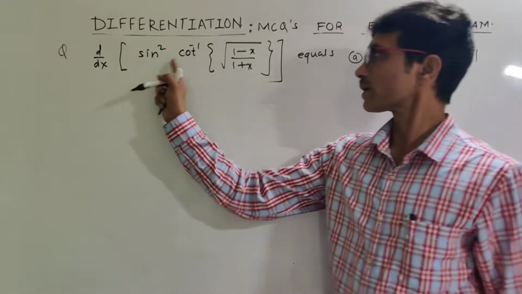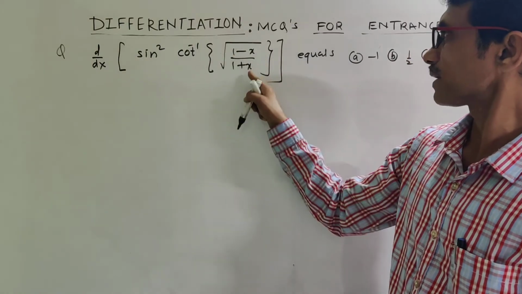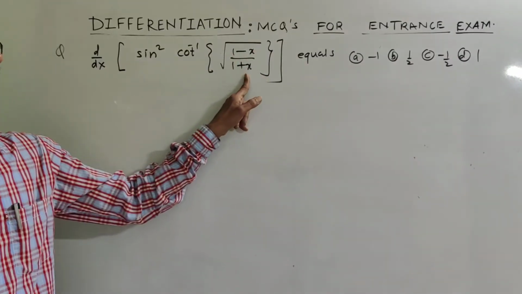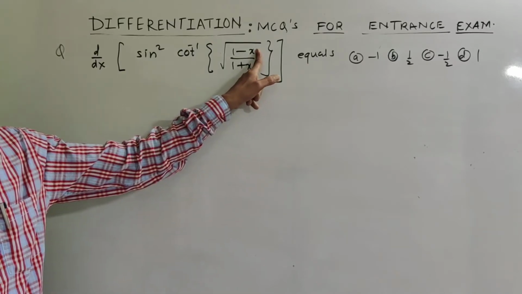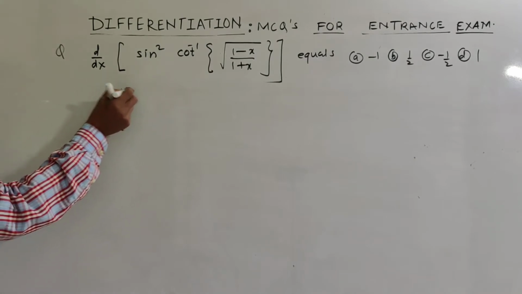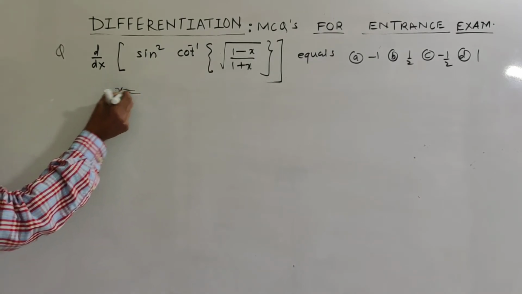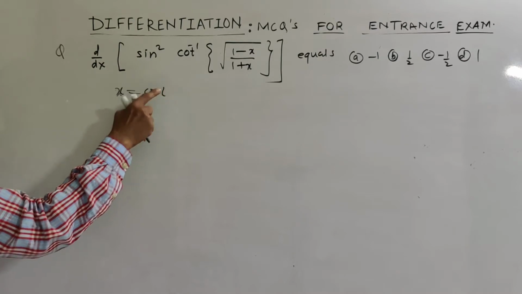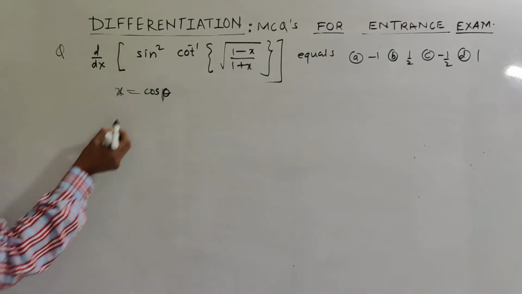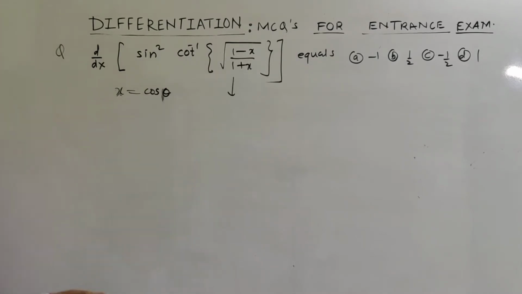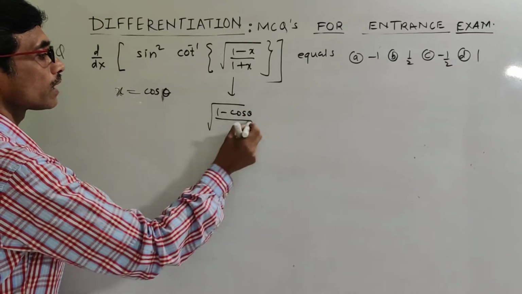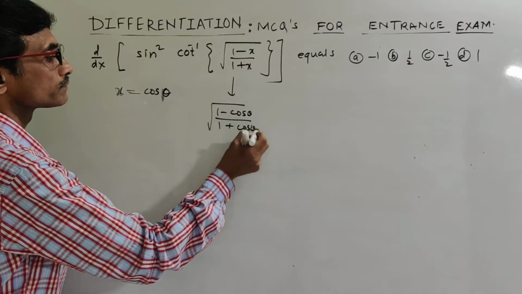Derivative of sine square of cot inverse of root of 1 minus x upon 1 plus x. So clearly this 1 minus x upon 1 plus x is there. Then x is equal to what? We substitute cos theta, so we put x is equal to cos theta. We substitute here. Then this term will be root of 1 minus cos theta upon 1 plus cos theta.